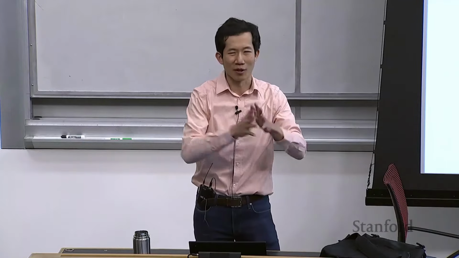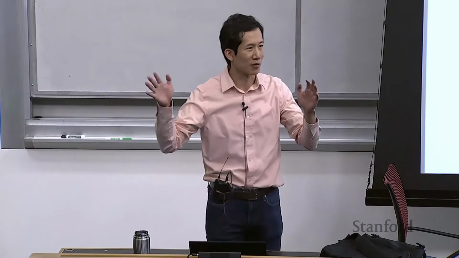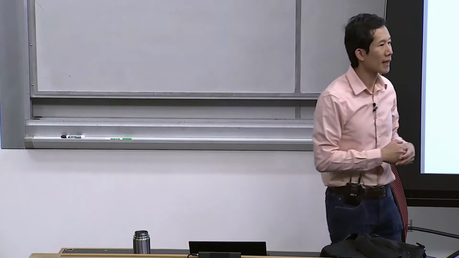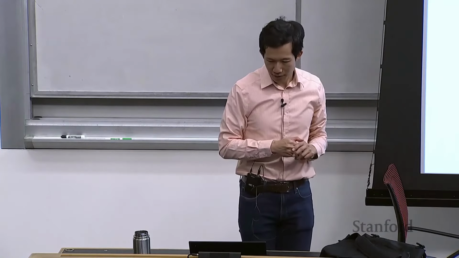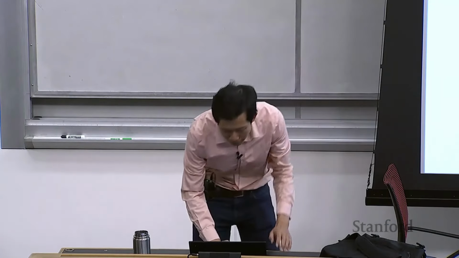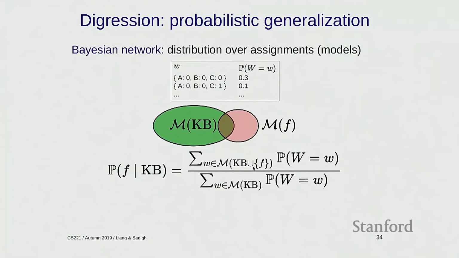Here I'm talking about semantics, where just for convenience, we're defining the world. Yeah. In this formula, why is this union and not intersection? I'm unioning the KB with a formula, which is equivalent to intersecting the models of the KB with the models of the formula.